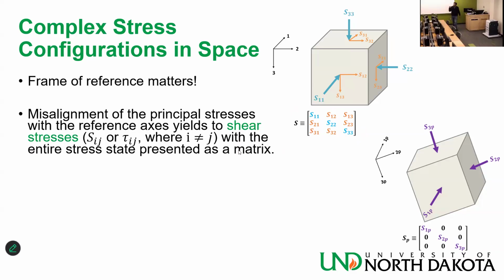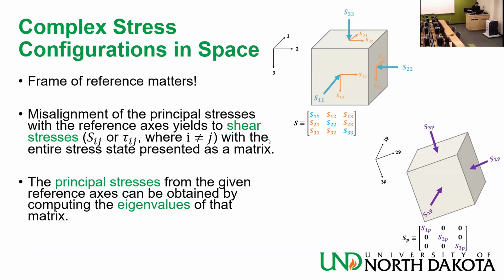I'm joking. But this is not the same thing. You need to rotate not the model, but the way you are looking at the model, so that every shear stress goes to zero, and then the middle ones become 1P, 2P, 3P.